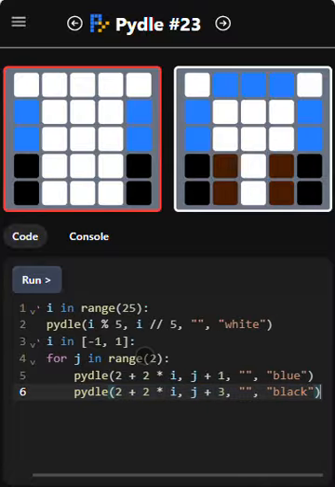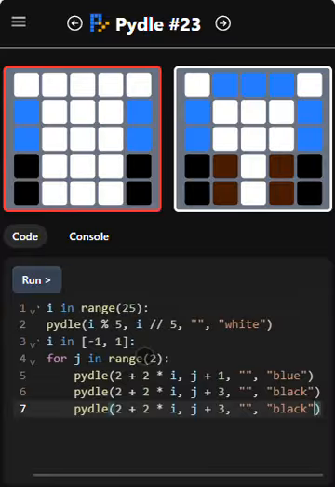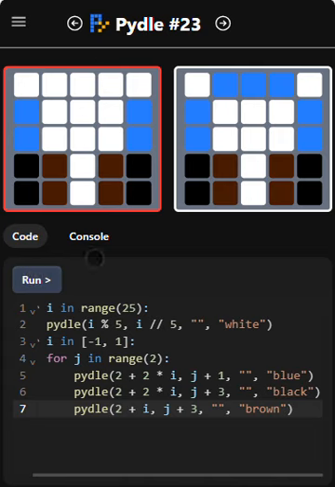And for the brown, instead of 2 times i, we only need i, because it's -1 and +1, not -2 and +2. And that needs to be brown. So that is most of our headphones drawn, and now just the top headband.